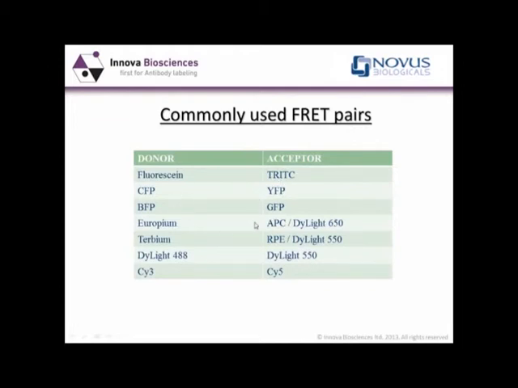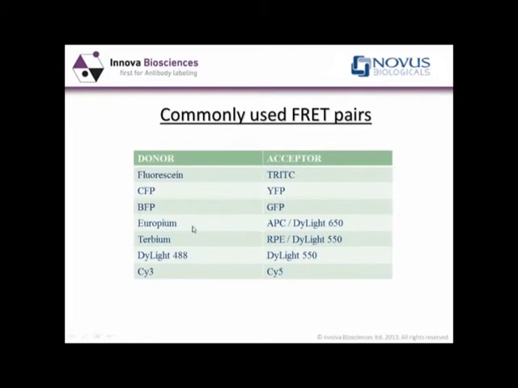Then we have the group of fluorescent proteins that are generally genetically encoded into molecules. So, for instance, CFP or cyan fluorescent protein with yellow fluorescent protein, and blue fluorescent protein with green fluorescent protein.